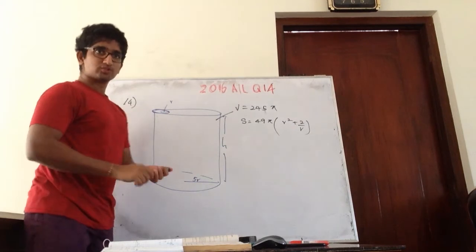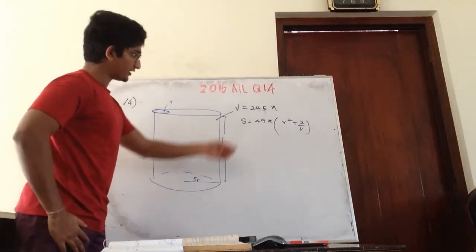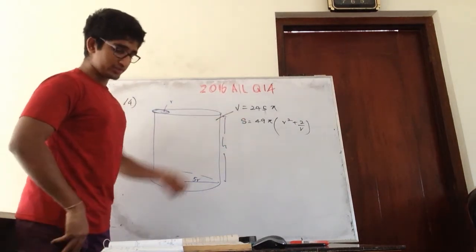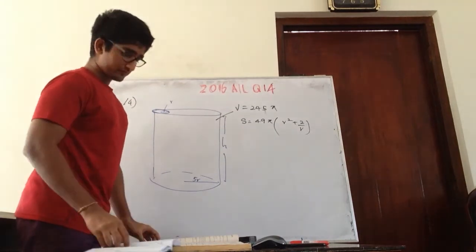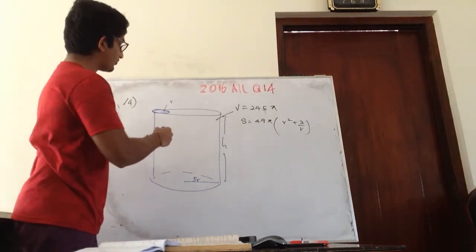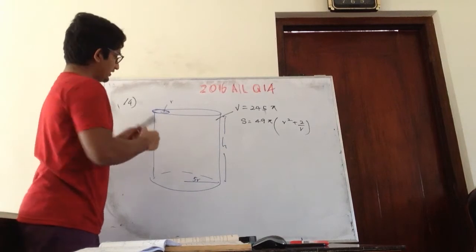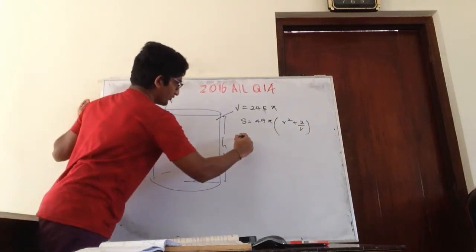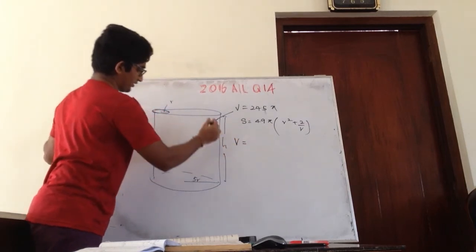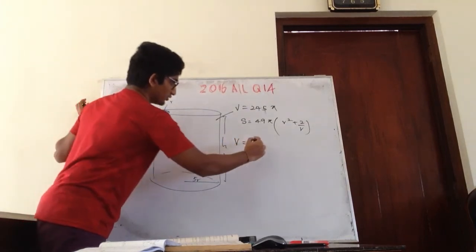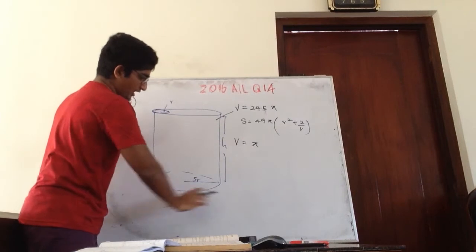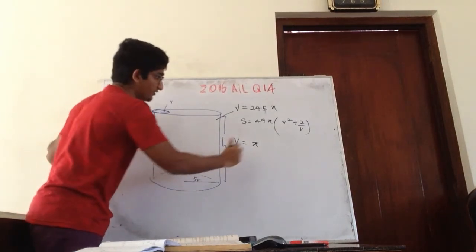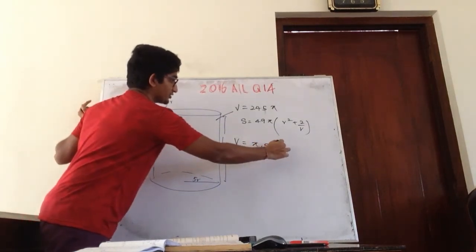Correct, no? So let's see now. I'm going to get the help of this volume. So how can you write the volume here? The volume is going to be π times the r squared of this, that means r is 5r, squared, into h.